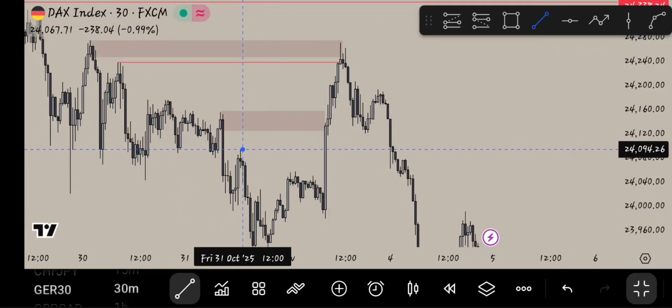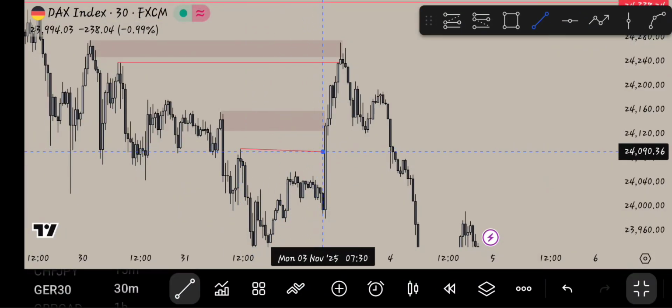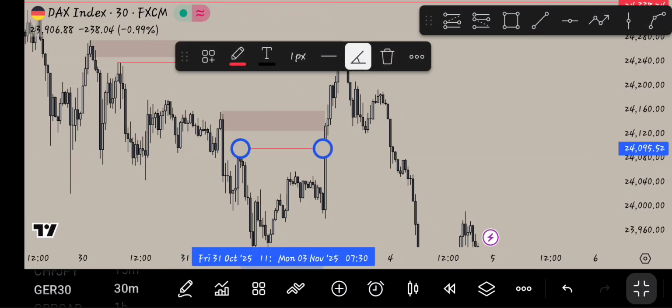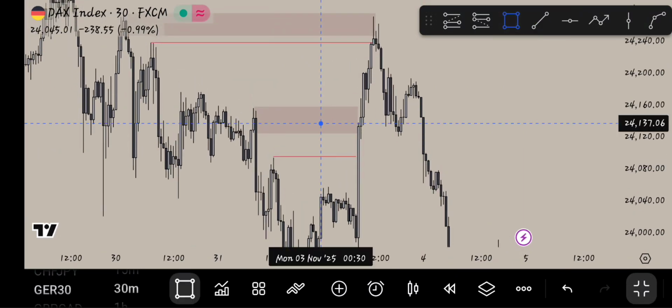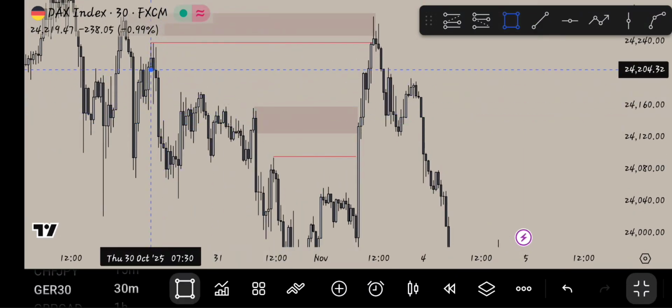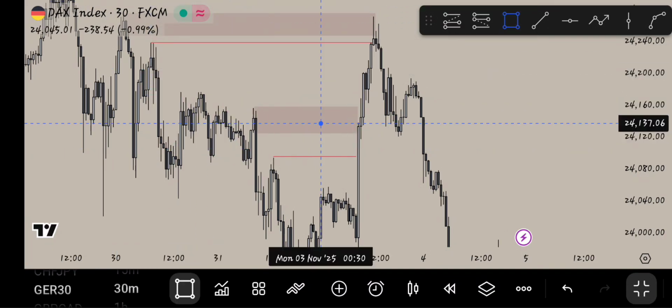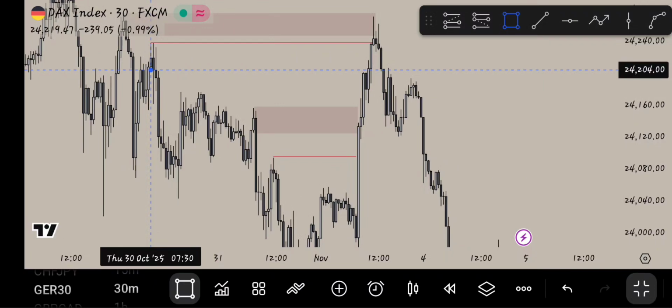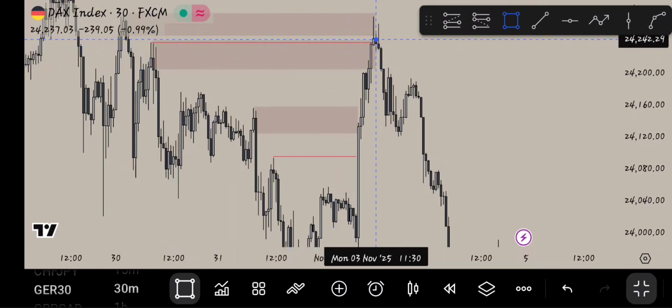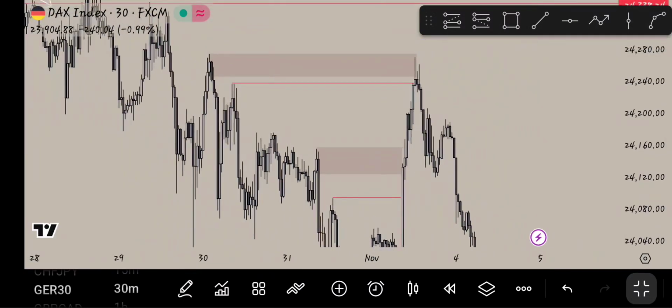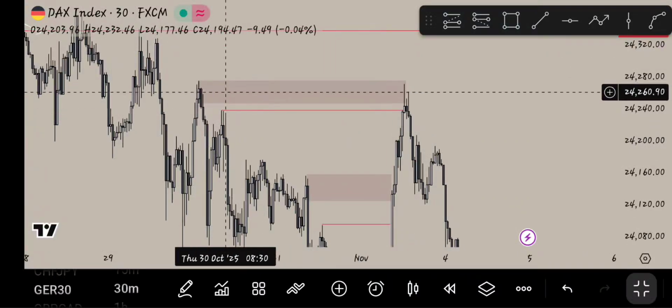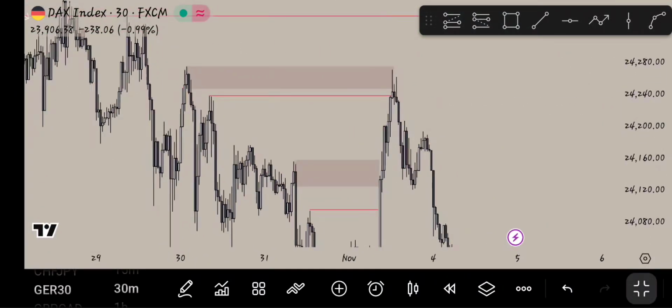My liquidity was here, but as you can see, price just destroyed that POI. Sorry about that. The next one I was looking for was this area right here. As you can see, market destroyed it again. So this was the third area that actually got respected.